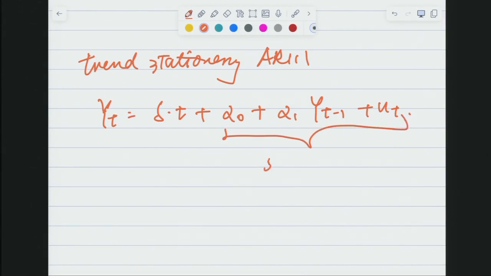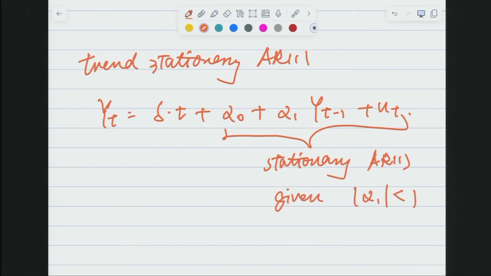This is the stationary AR1 component, given that alpha 1 is less than 1 in absolute value, and this is the deterministic trend component. The trend stationary AR1 is stationary around the deterministic trend delta t, which means once we detrend it, it will resume stationarity, okay?